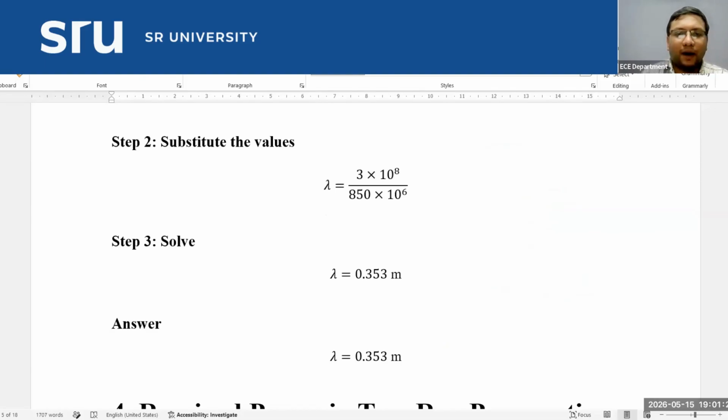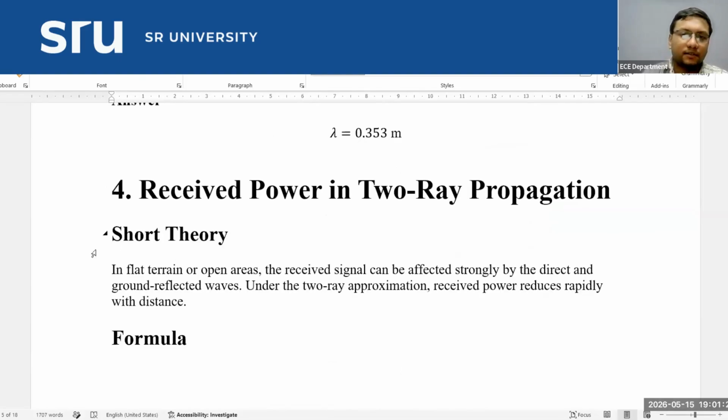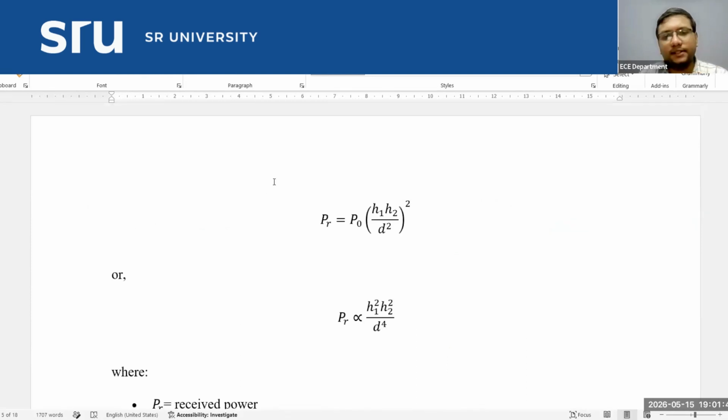Now what is the received power in this two-way propagation? When power is getting received by a mobile receiver, h1, already we know, is the height of the transmitter or base station, and h2 is the height of the mobile station.